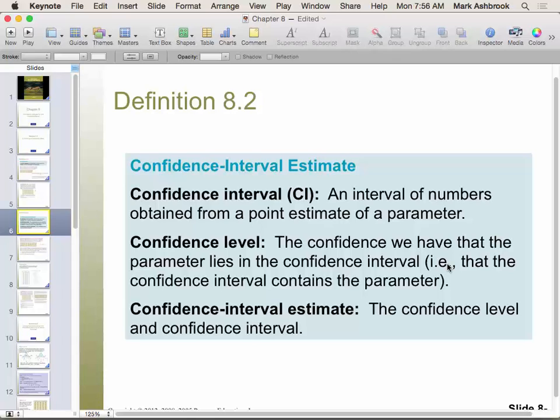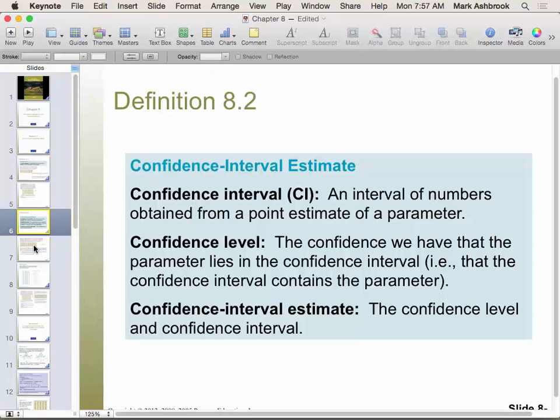We take that point estimate and we make an interval around it such that we say we're a certain level of confidence that the population mean is in that interval. Because the mean of the sample will most likely not be the mean of the population, but we can make an interval and say we're 90% sure, we're 95% sure that the population mean falls in this interval around our point estimate. Okay, so that's the idea of a confidence interval.